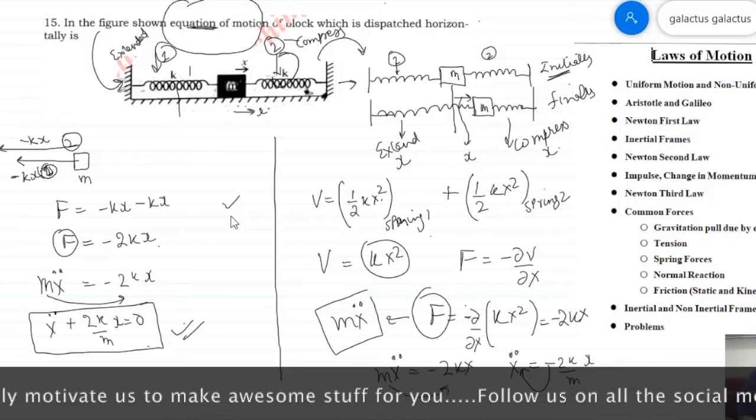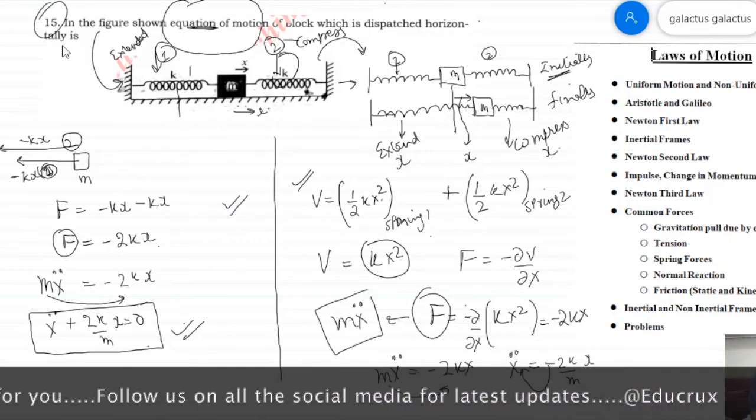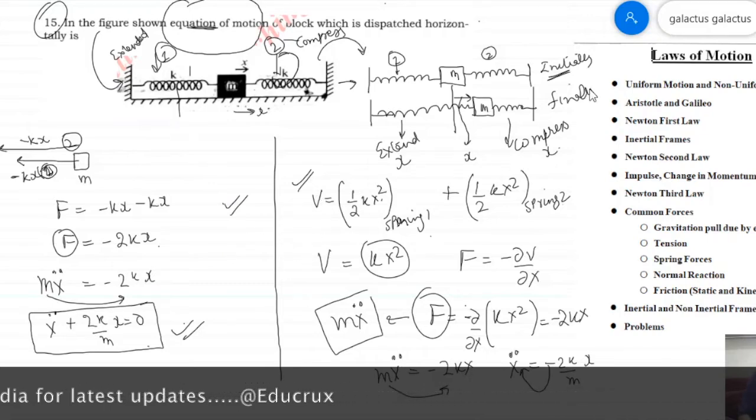This completes our discussion on question number 15. Let us now solve more problems on this topic, that is, Newton's laws of motion and Newtonian mechanics.